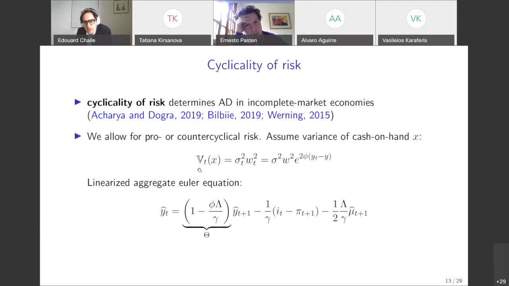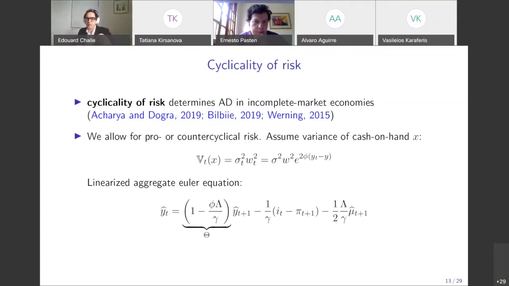Here, this is saying that the conditional variance of earnings depends on output as a deviation from steady state. So if the parameter phi here is negative, it means that idiosyncratic earnings risk is greater in a recession. And if phi is positive, it means that earnings risk is greater in a boom. Okay.